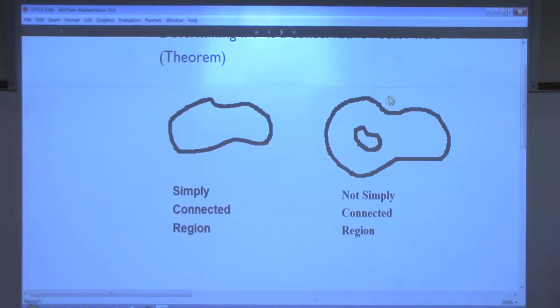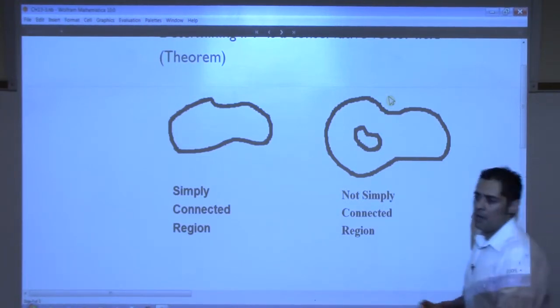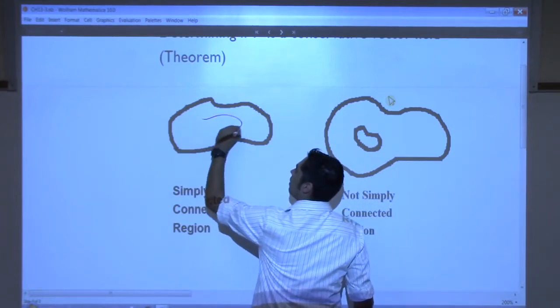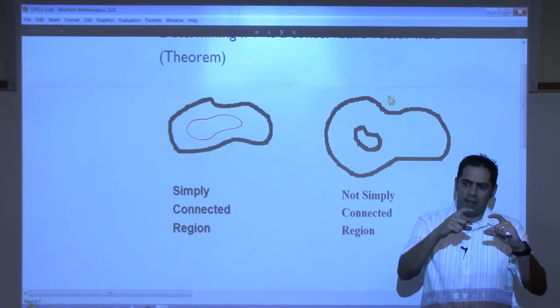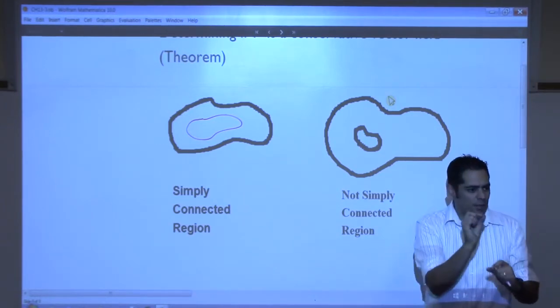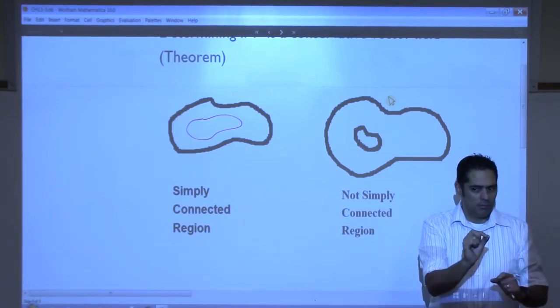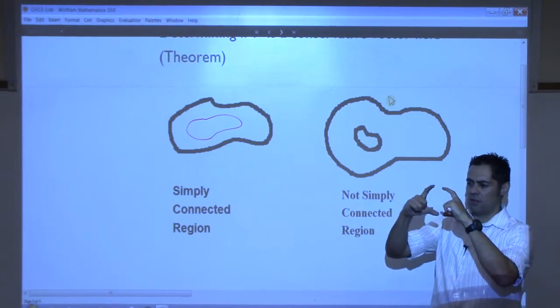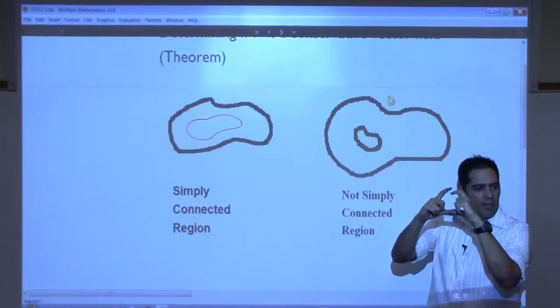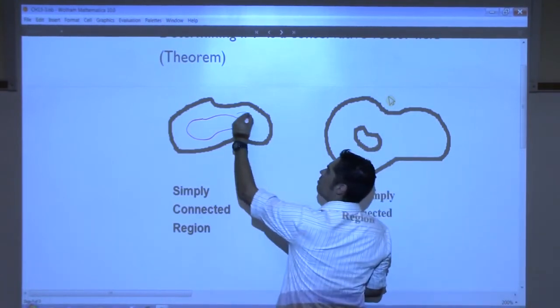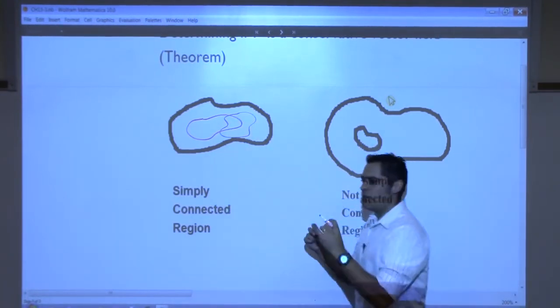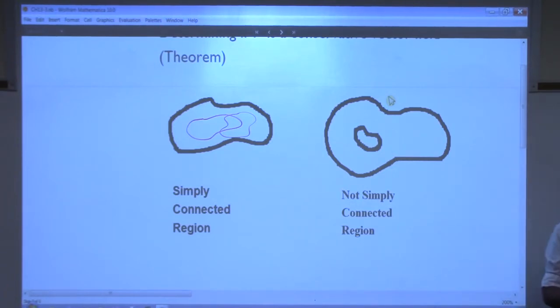One way to think about simply connected is this. If you draw any closed curve in here, imagine taking that curve and shrinking it down. Could you shrink it down to a single point? Think of it almost like a circle. If you just start changing the radius and let the radius go to 0, won't it go down to 1 point? Yes. If I take any closed curve in here and start shrinking it down, I can shrink it to 1 point.